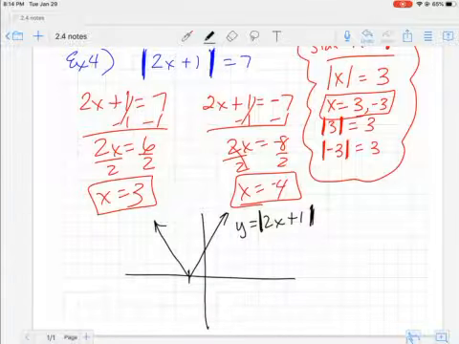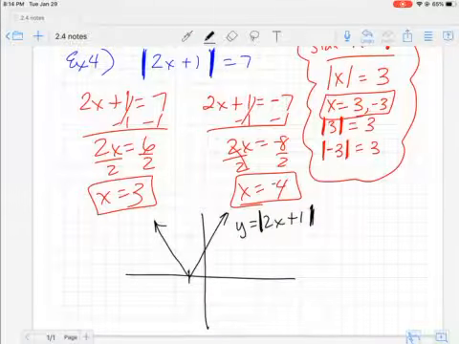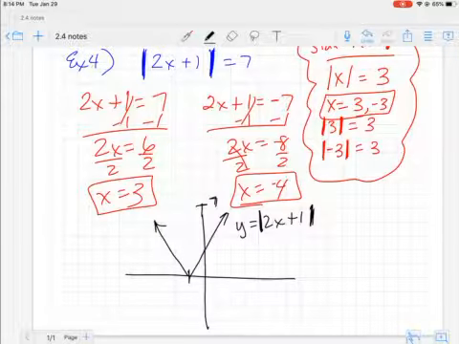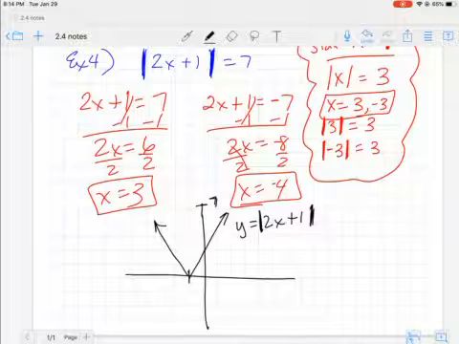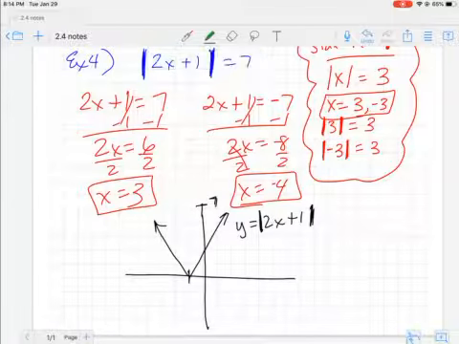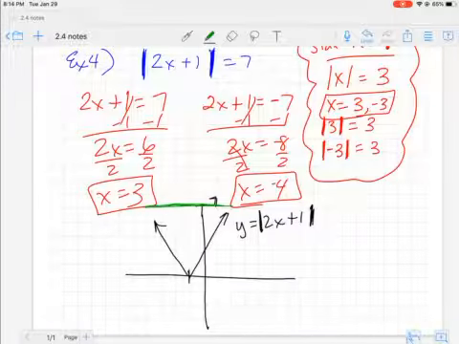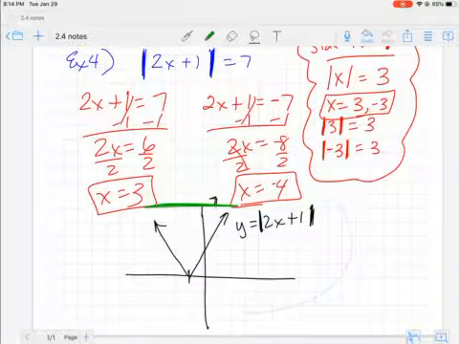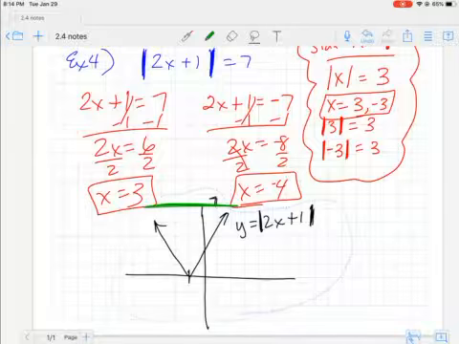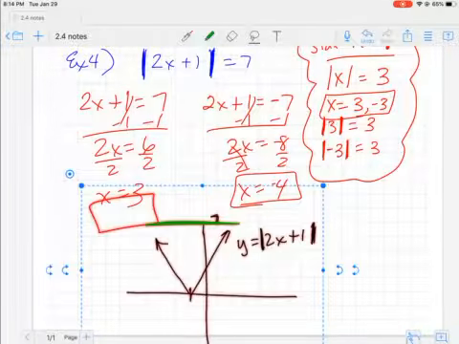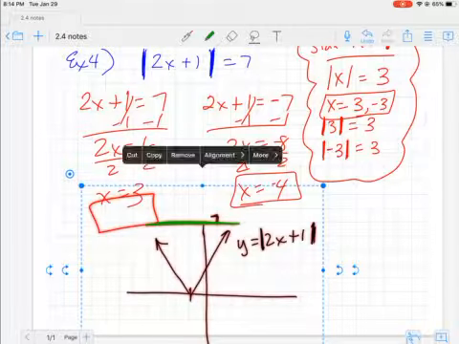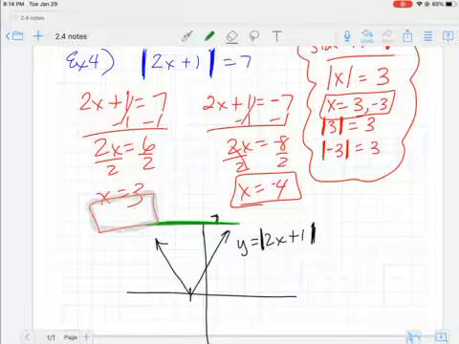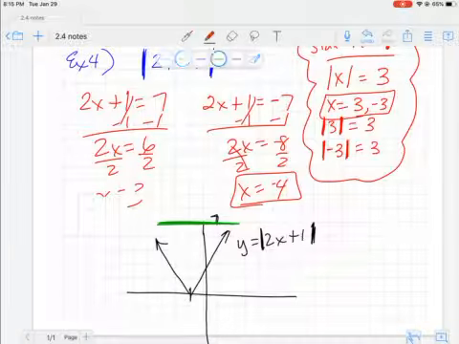So let's come up here and say, all right, that works. Way up here at 7, when we're looking at 7, I have this line. And I want to say, when is this line going to cross over on my graph?